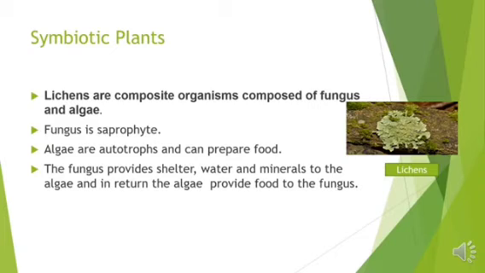So how do these two organisms live together? How they live is, the fungus over there provides shelter, water and minerals to the algae, and in return the algae provides food to the fungus. So they show symbiotic relationship over here.